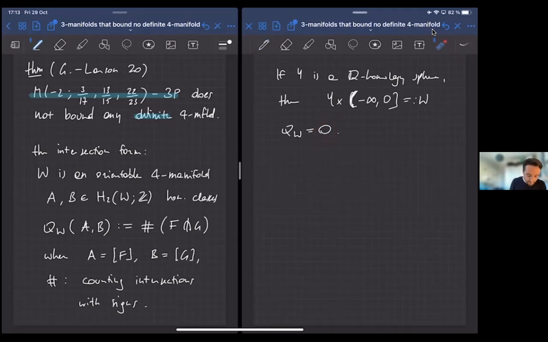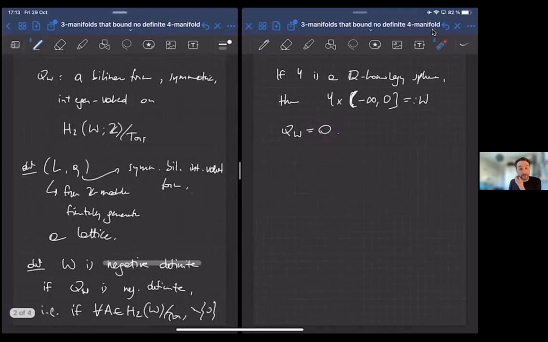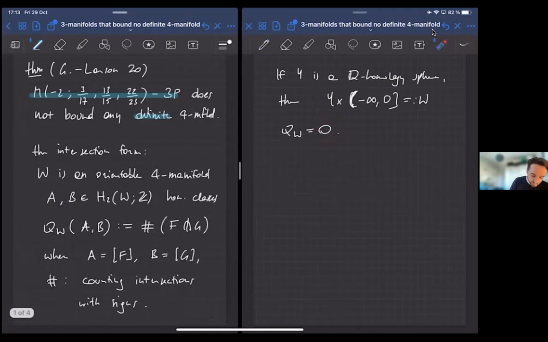And by my definition, this is both negative definite and positive definite. So if I want the statement to make sense, I should at least add one condition, which is the condition of compactness.